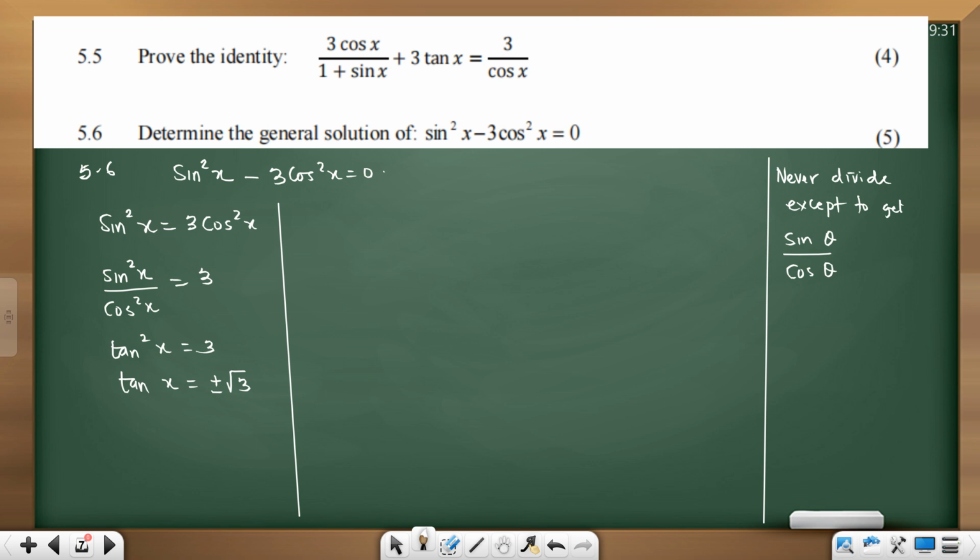Now, next job is to find my reference angle. Now, guys, when I find the reference angle, I don't use the plus or minus. My reference angle will be arctan of root of 3. And that's actually a special angle. What's your answer? 60.